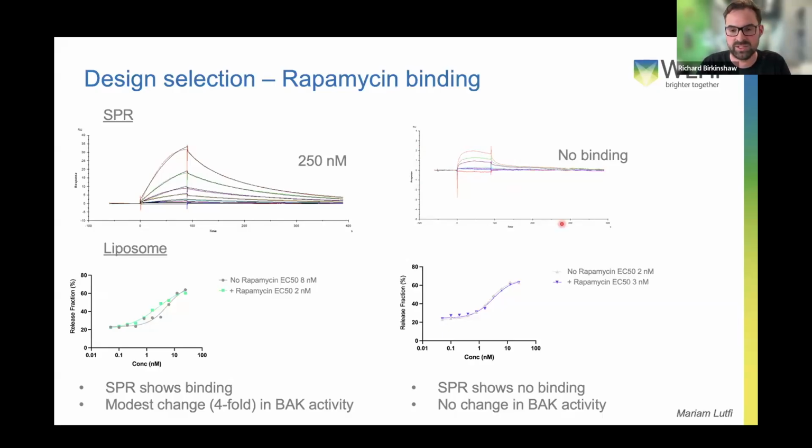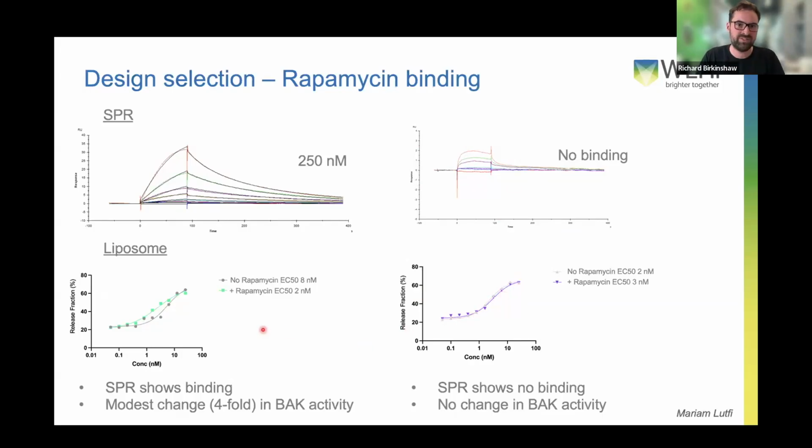Now, the final target milestone, I guess, for this project was to see if this rapamycin binding would actually modulate the binding of the design protein to the BAC. So we return to the liposome assay. We can see that here I'm showing an EC50 of the concentration of inhibitor against its release from the liposomes. And you can see whether you have rapamycin there or not in this protein that's not really binding to rapamycin, there's no difference.